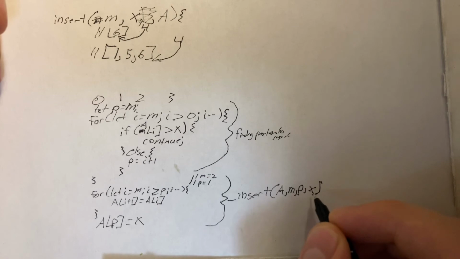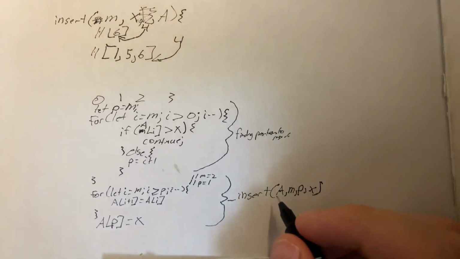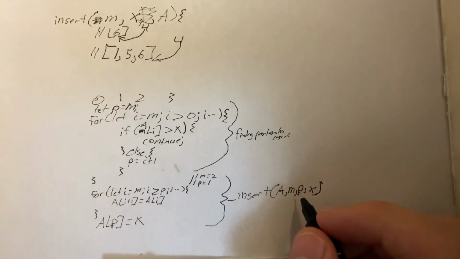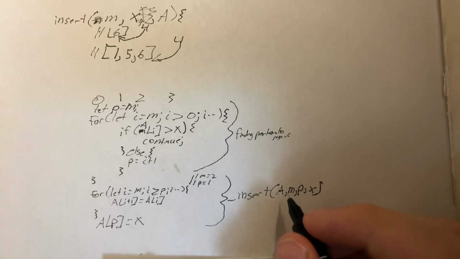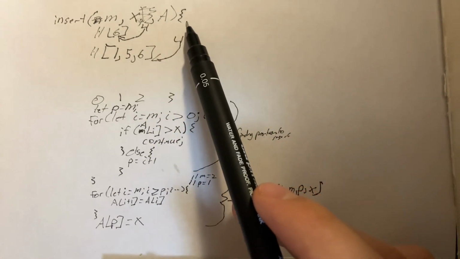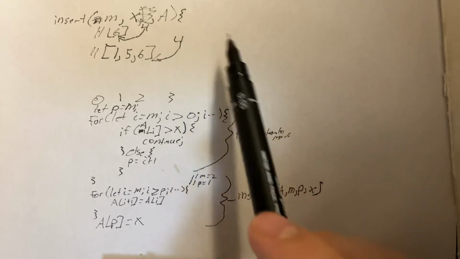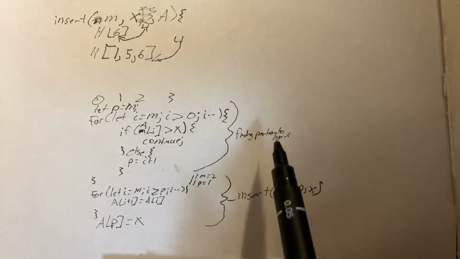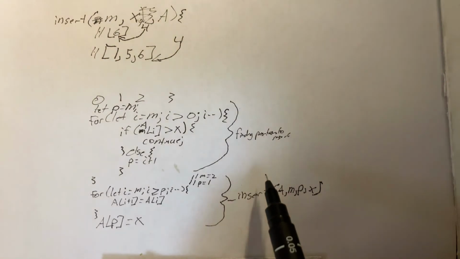And again, this kind of function assumes that we can overwrite whatever's at position m plus 1. And this little function up here is really just a combination of find and insert.